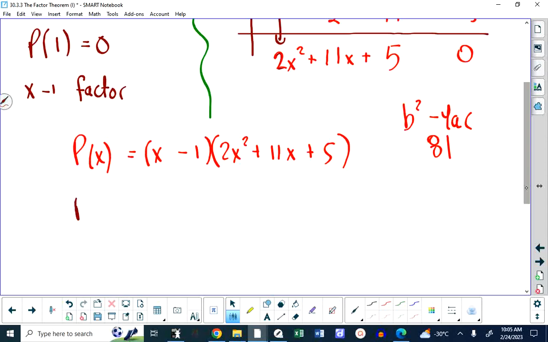So my polynomial factors, I'm going to do trial and error. Well, it's got to be 2x and x. No. When we say things are factorable, we mean with whole numbers. The only 2 numbers that are whole numbers or integers that multiply to give the 2 would be 2 and 1.